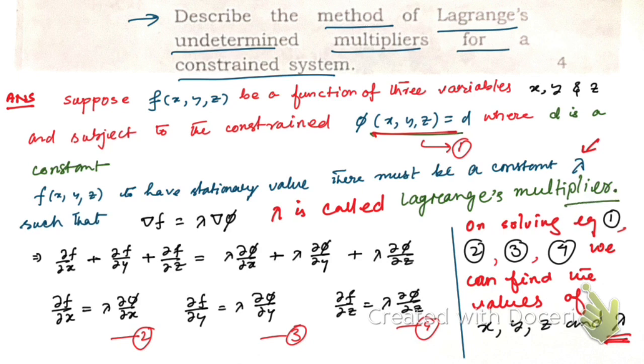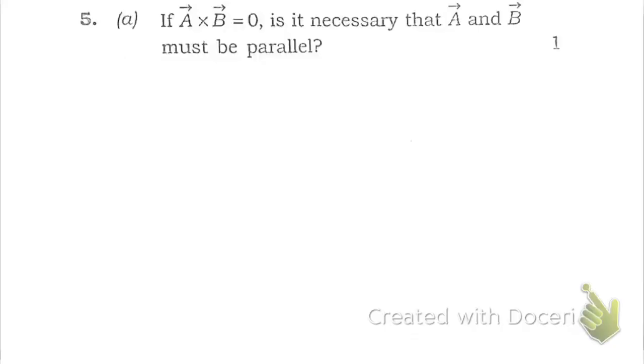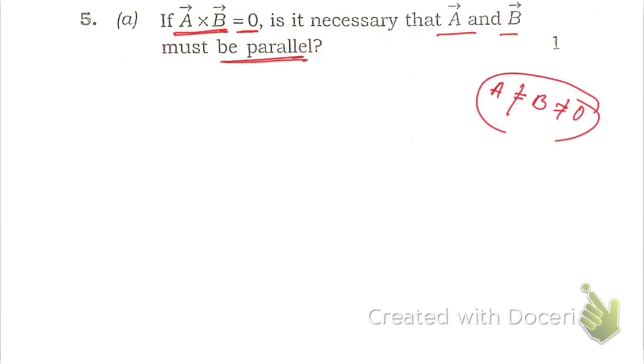Now let's move on to the next question. So this is question number 5. Here it is asked that a cross b is 0. Is it necessary that these two vectors must be parallel? Now if a and b are not equal to 0, then it is necessary.